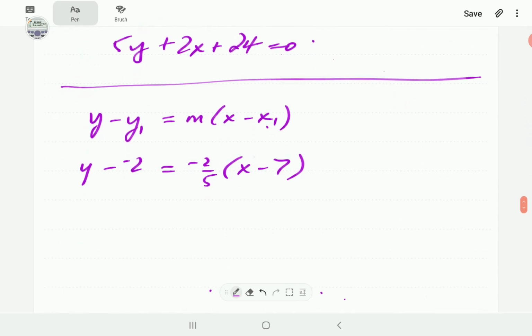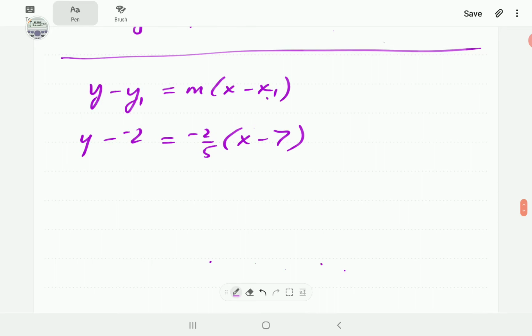Okay, then in this method, at this stage, we're going to bring this 5 to the right hand side, and then we won't have to deal with any fractions. So maybe first, let's just note that that becomes plus 2.